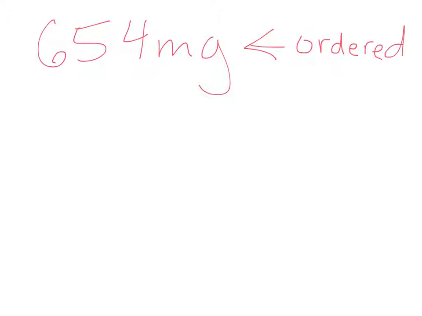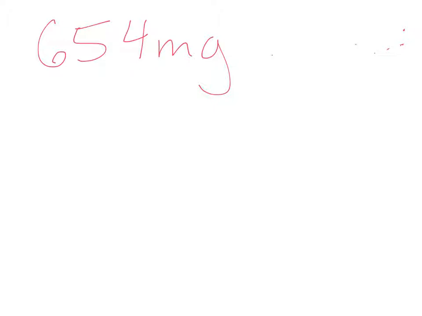Going back to our D over H times Q formula, if this is our ordered dose, let's read the rest of that problem. You have available Dilantin 10 milligrams per milliliter. How many milliliters is this particular patient going to receive? Well, they need 654, so that's our D, and our D divided by H times Q. Let's ignore this over here.